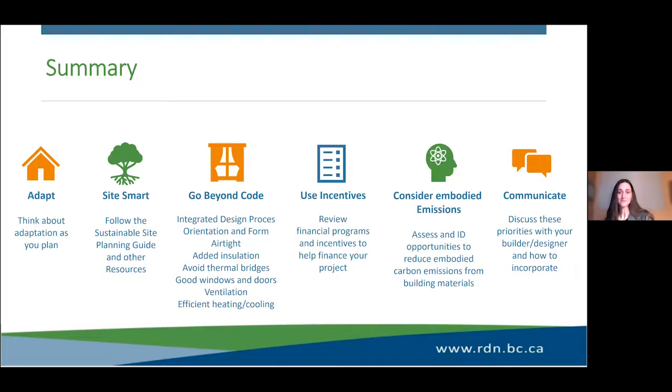Then also keep tabs on what incentives are out there. Do check in with the Clean BC program, because I am very hopeful that Clean BC funding for all electric builds will be coming back. If you are into natural gas, there is the Fortis program as well.